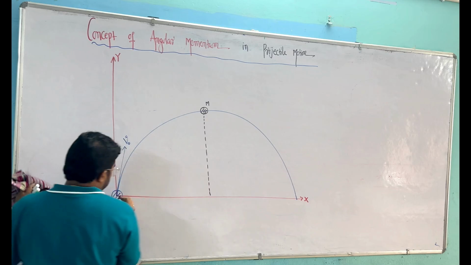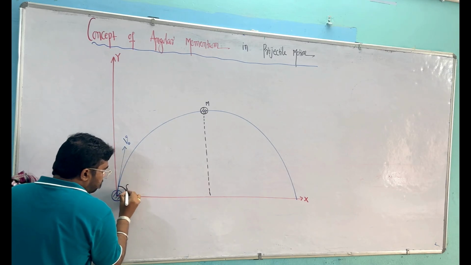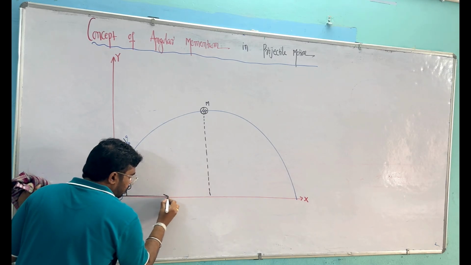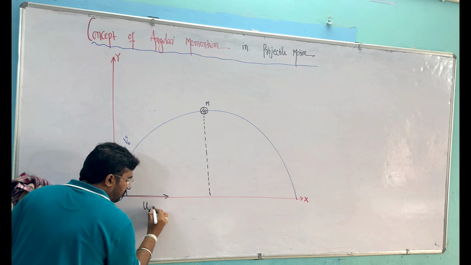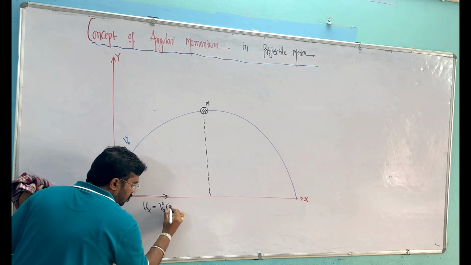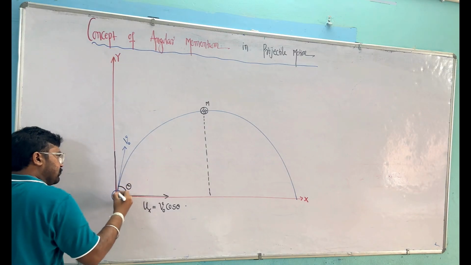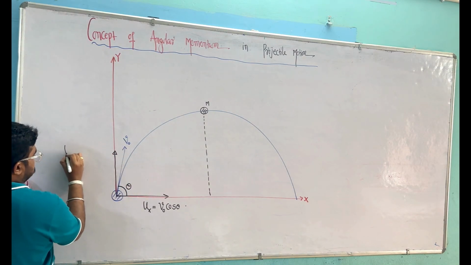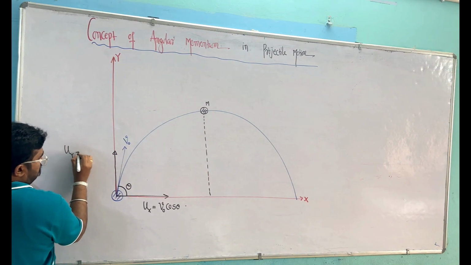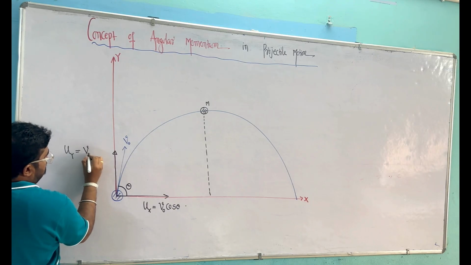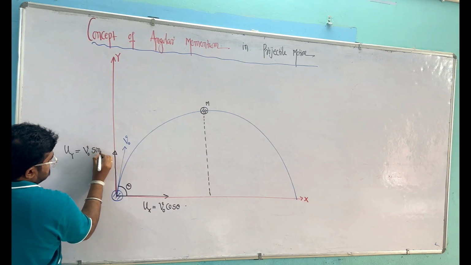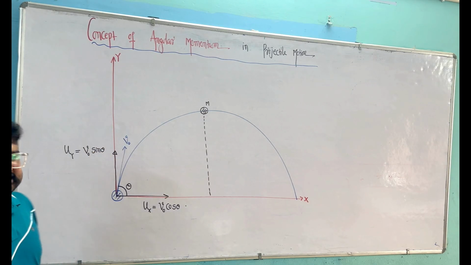Now I am taking oblique projectile motion. Here, ux is equal to V0 cos theta, and uy is equal to V0 sin theta.